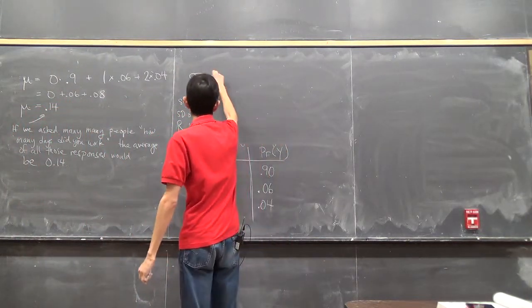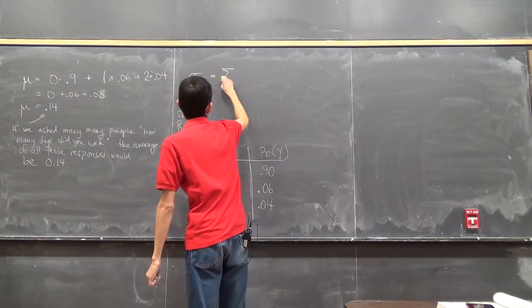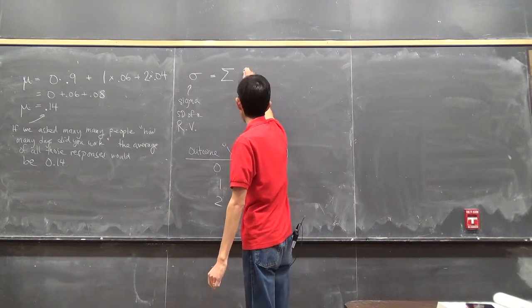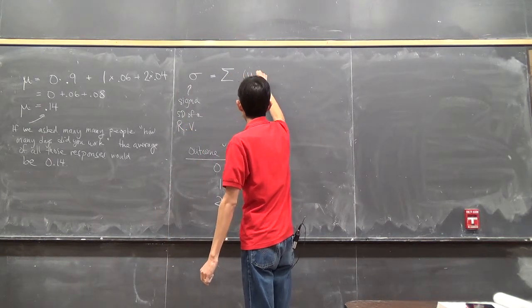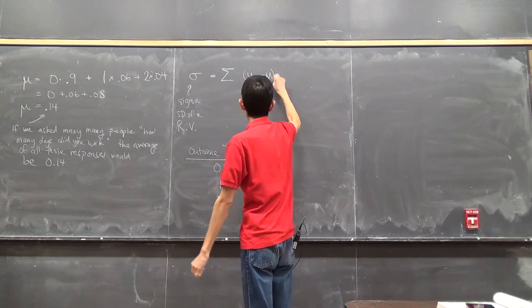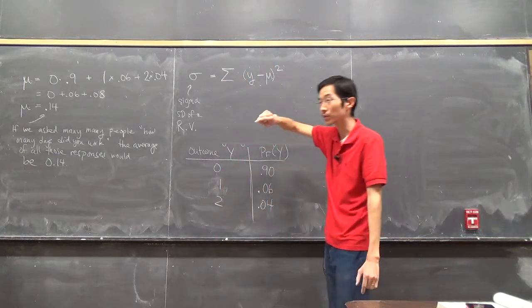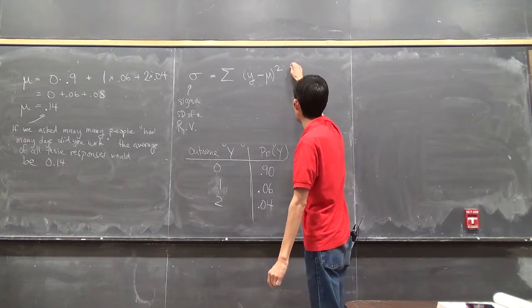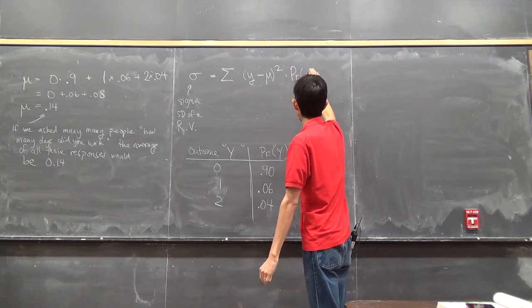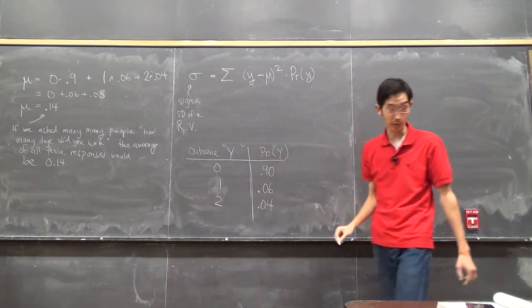And sigma is calculated as basically we take each value y and subtract off the mean, square that difference, and multiply it by the probability of y.